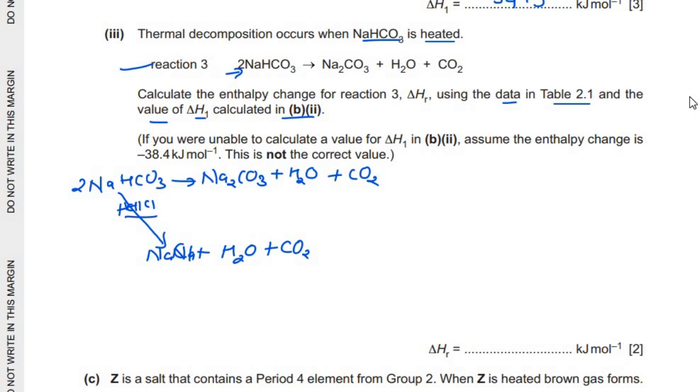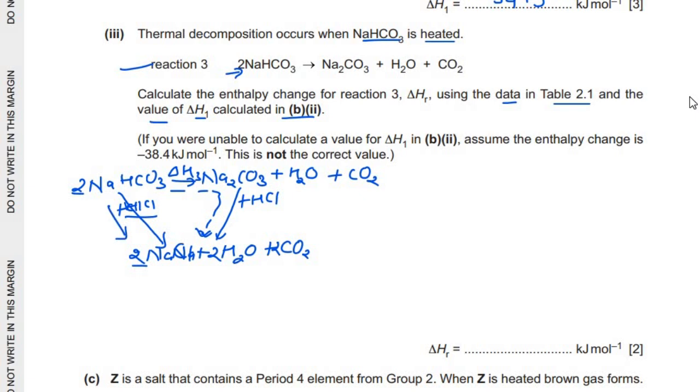The same sodium carbonate, when it reacts with hydrochloric acid, again produces the same products, but here we have an imbalance, so we need to write 2 in all, and this is how we get the products. Now if we talk about delta H3 of this reaction, the energy cycle, or you can say Hess cycle, we can see that this is the indirect path and this one is the direct path.